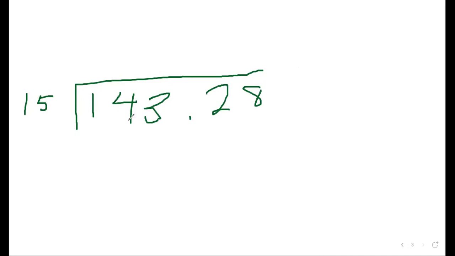Now 4 divided by 15, it's not enough. 14 divided by 15 is still 0. So now I'm going to use 143. So just do it like this, 143 divided by 15.